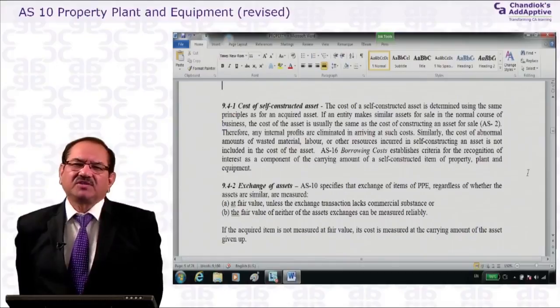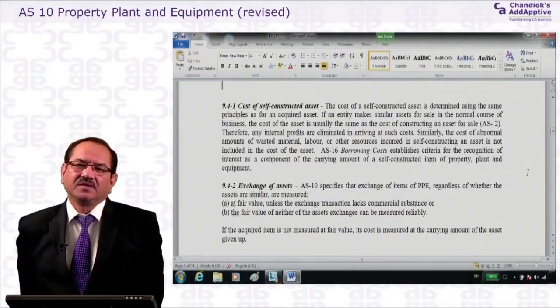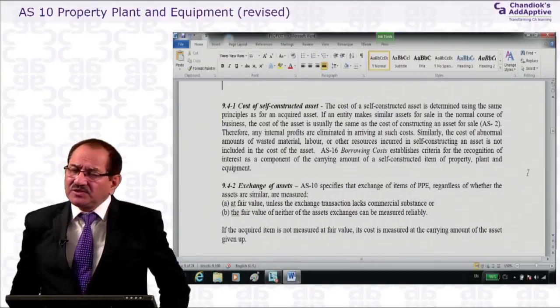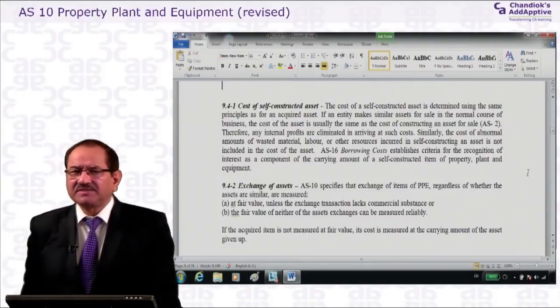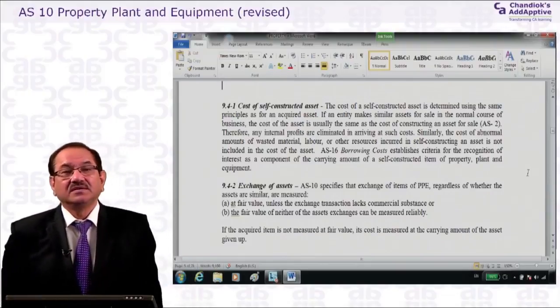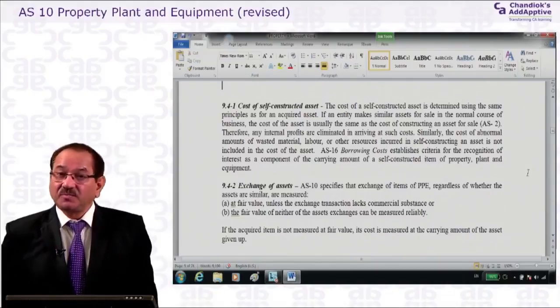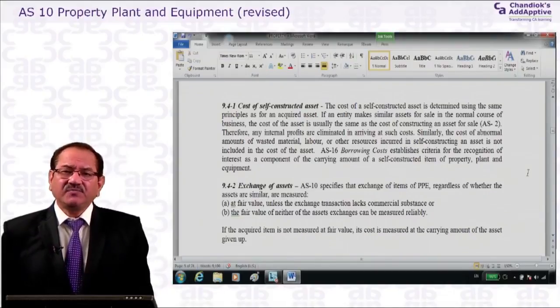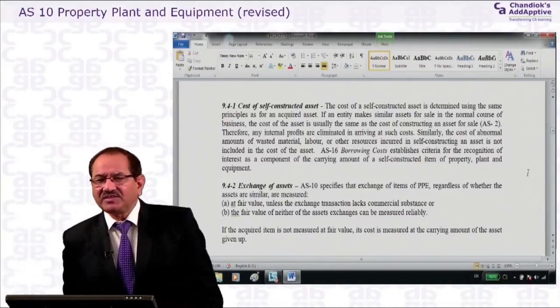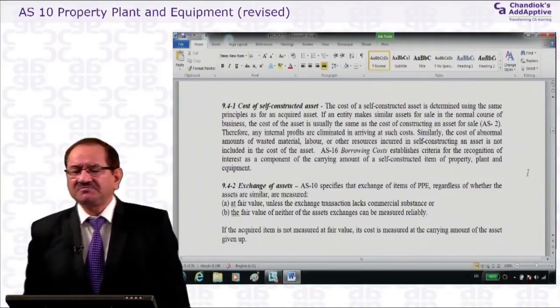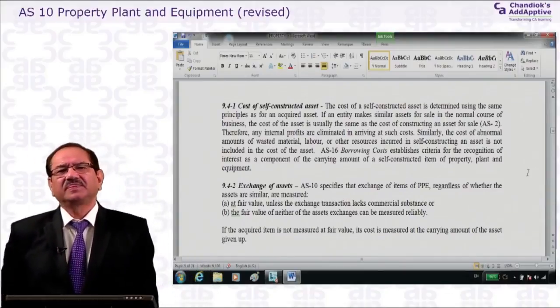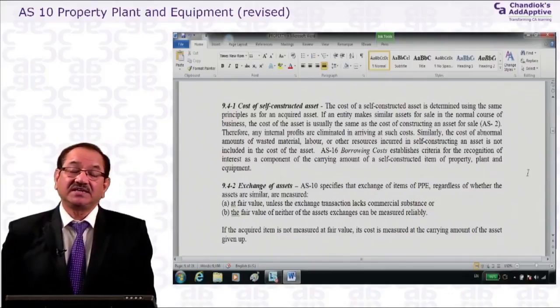It is meant for particular persons. We say we give you a building, you give us plant and machinery. We presume that it has commercial substance. And therefore, we ask what is the fair value of this plant and machinery? It says 2 crores, fine. It will be measured and written in the books of accounts at 2 crores.